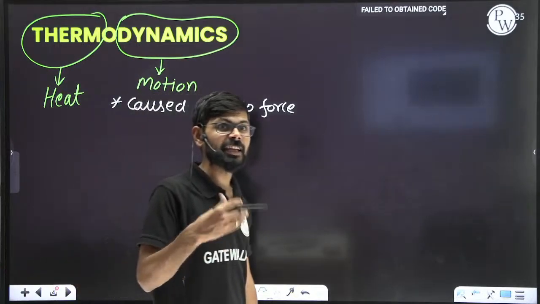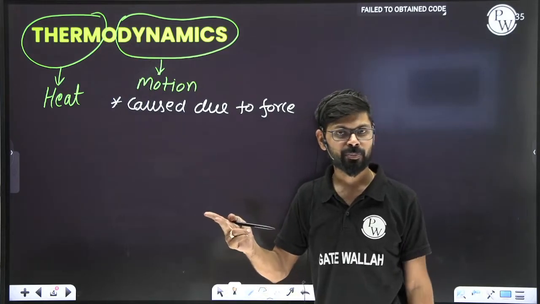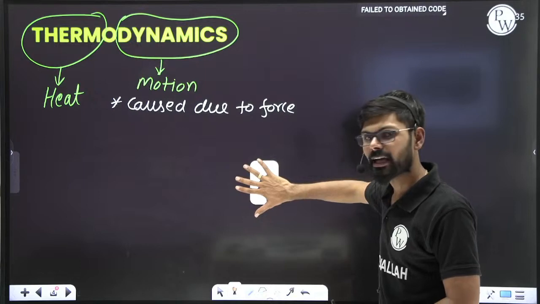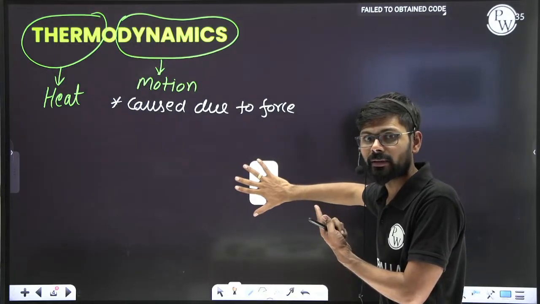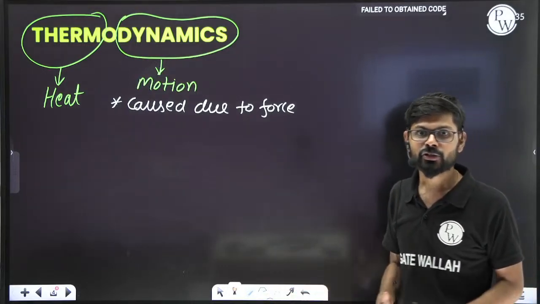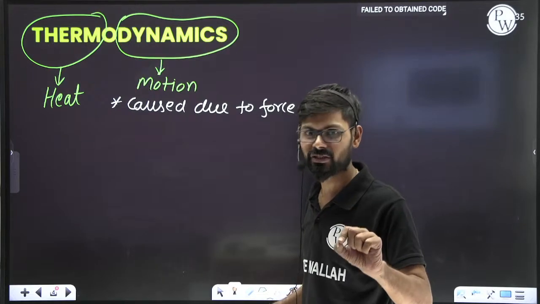If in any body these two things are available, it means work is going to be done. Suppose this body is there and I'm applying some force here, but it's not moving. If it is not moving, there is no work. So work means action of a force on a moving body, not a stationary body, right?